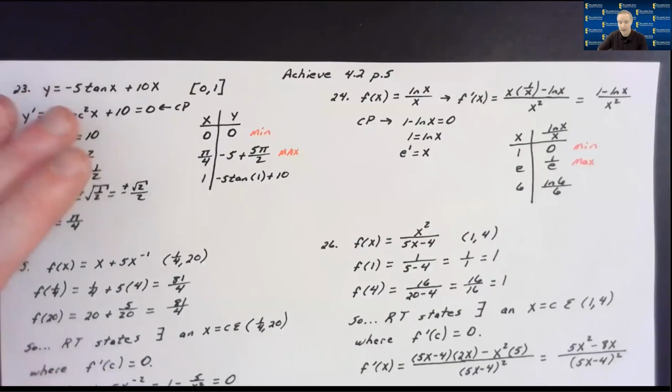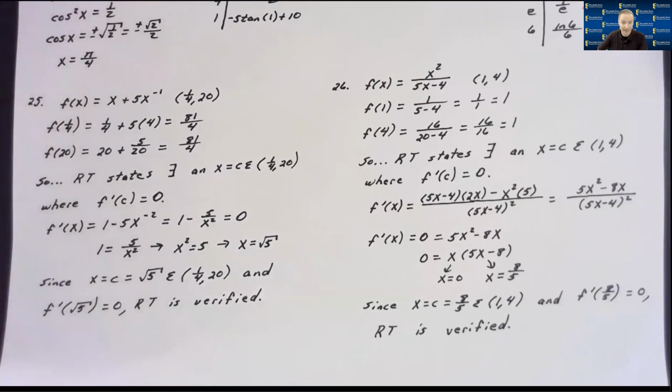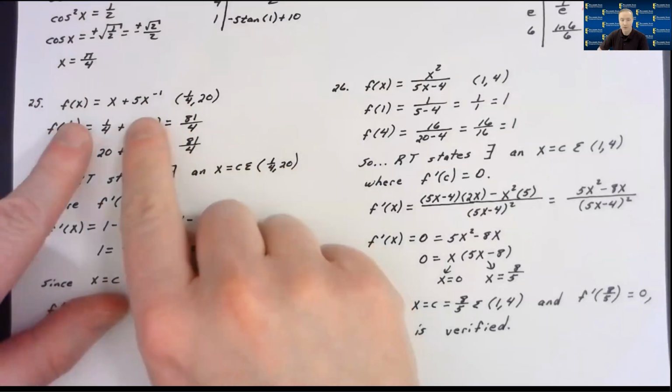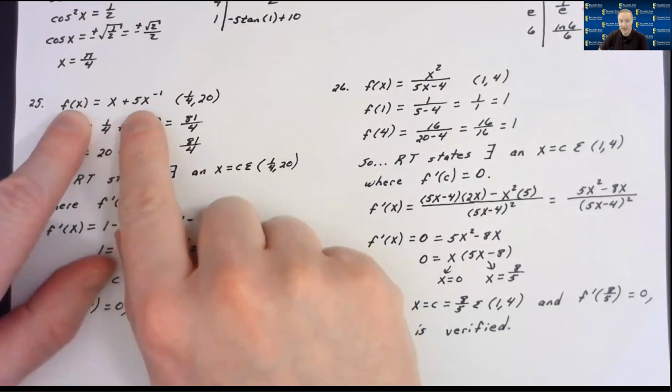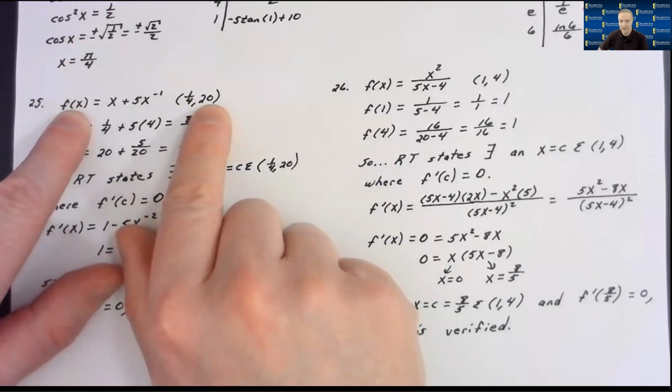In my work, I went ahead and did the full Rolle's theorem. Obviously, I can't see your work, so you don't have to do that to get credit for these problems. It would be wise if you did that, though, to get used to what I might want you to do on a test. So for this function, x plus 5x to the negative 1, on the interval 1/4 to 20.